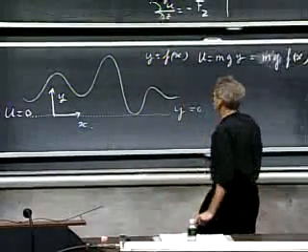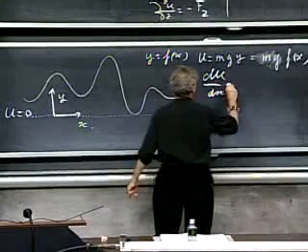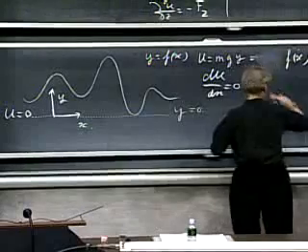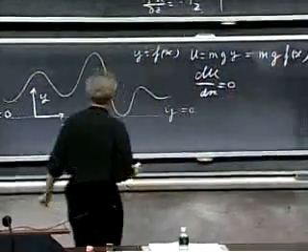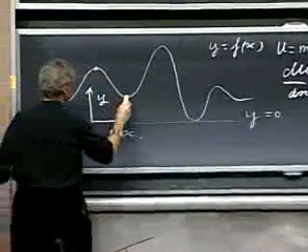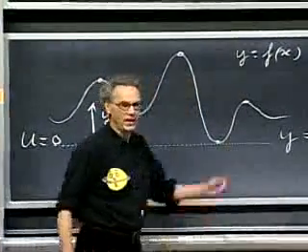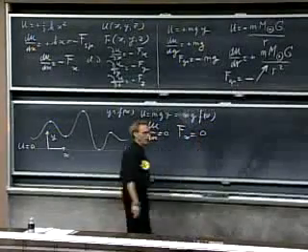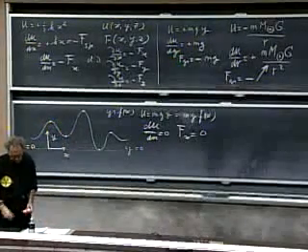There are points here where dU/dx equals 0. Where are those points? Those points are here, here, here, here, and here. If dU/dx is 0, it means that the component of the force in the x direction is 0, because dU/dx is minus the force in the x direction.